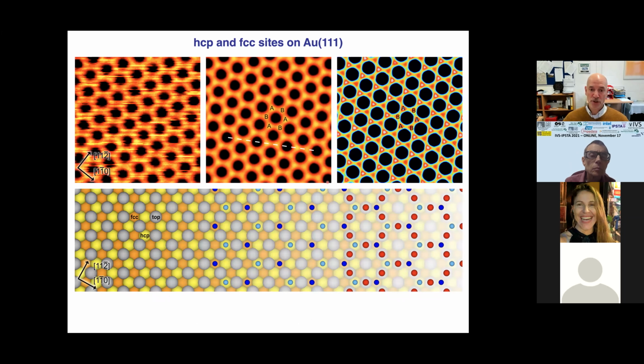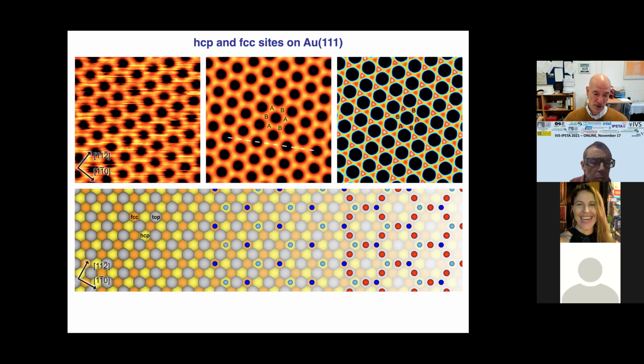Now, what's the origin of the difference between these A sites and the B sites? Here in the background I've got my gold surface, and these blue atoms are the titanium atoms sitting in the threefold hollow sites. The red ones are the oxygen. If we move over to this part, I've removed the oxygen now, and we can see that the dark blue atoms actually sit on the FCC sites, and the lighter blue ones sit on the HCP sites.